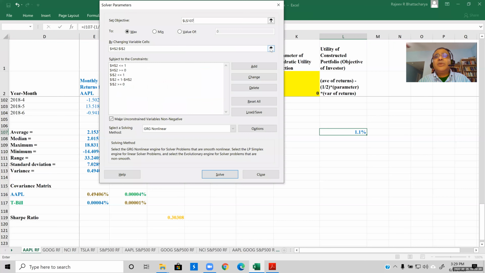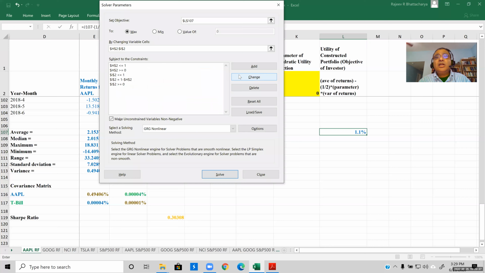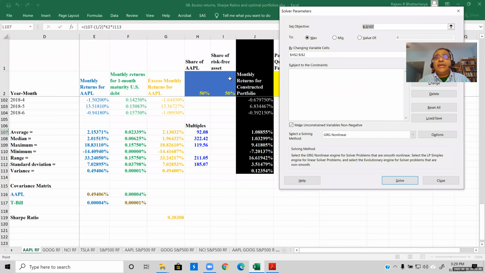By changing variable cells H through I. Let's just delete all of these and recreate them. So we are setting objective L107 by changing variables H2 through I2, subject to the constraints.